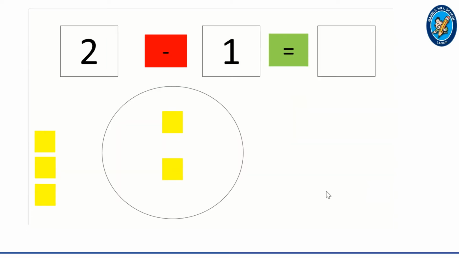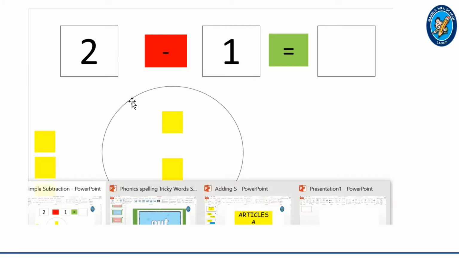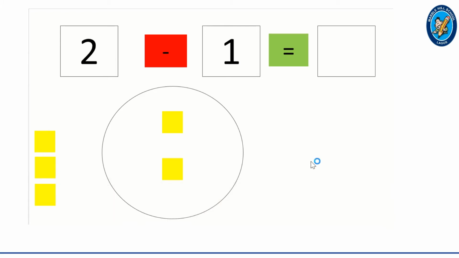Hi friends, so we're back and we are going to be looking at this equation. So when we say subtract, we mean remove. And 2 minus 1 means you're going to remove 1 from two things.